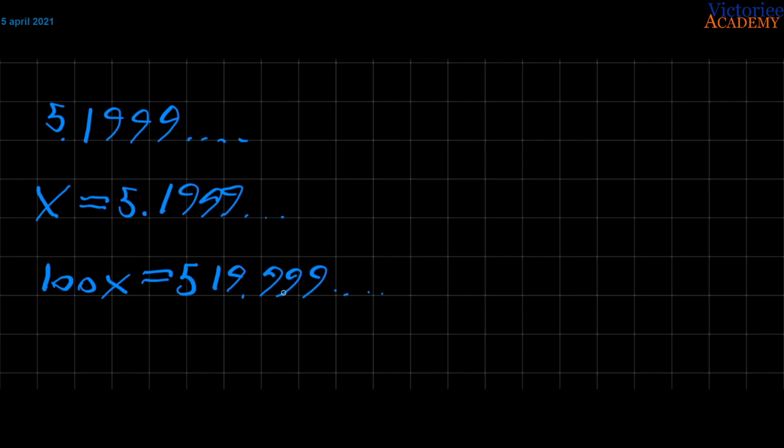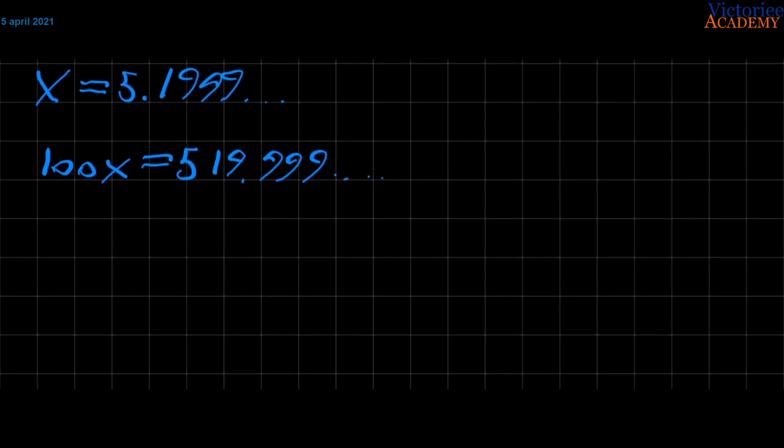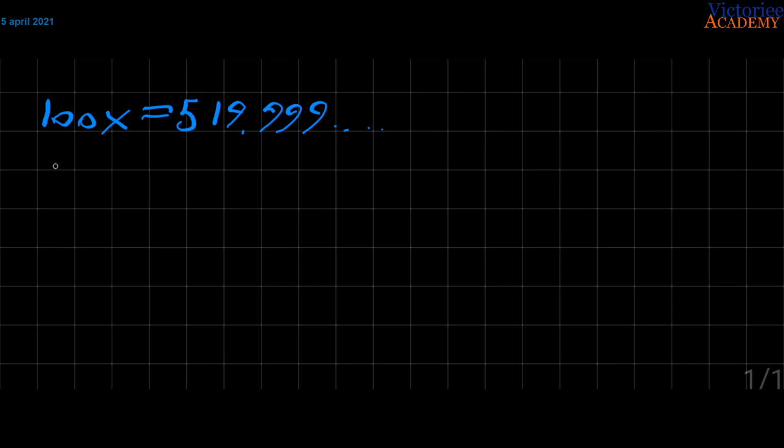So we get the whole infinite sequence of decimal expansion on the right side of the decimal point. And then we can do the same as we did last time. We can remove the infinite part by removing one x from here. So we're just going to take 100x minus x.